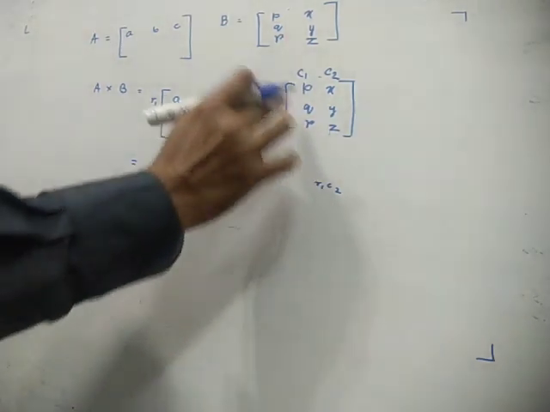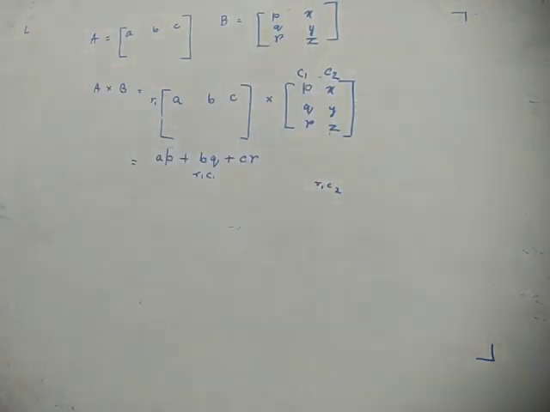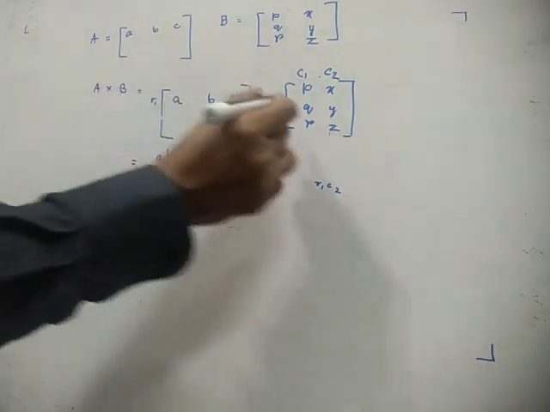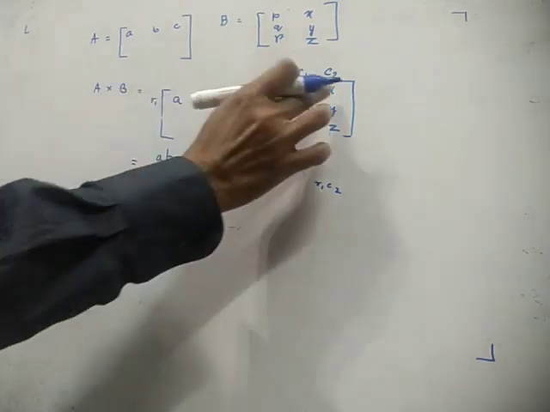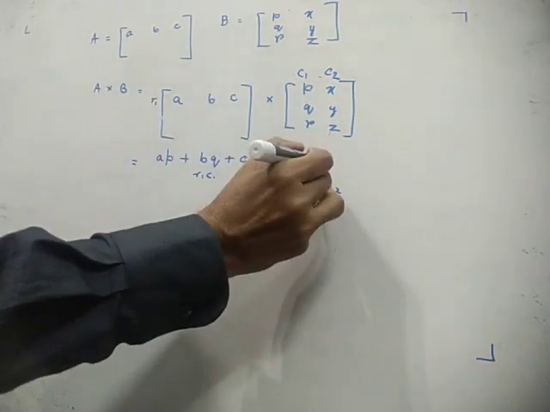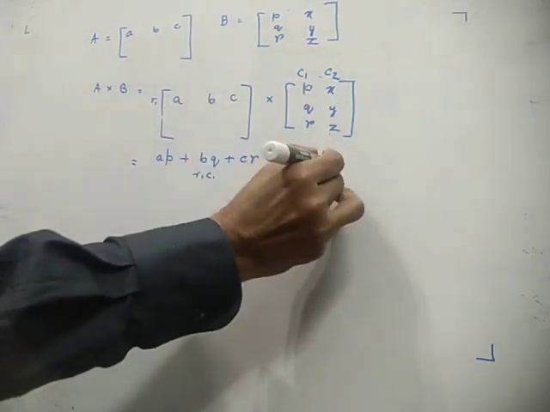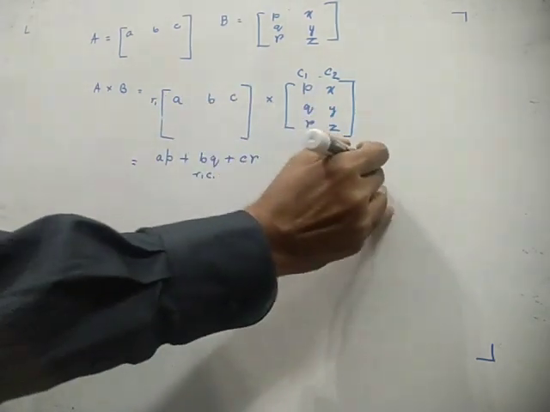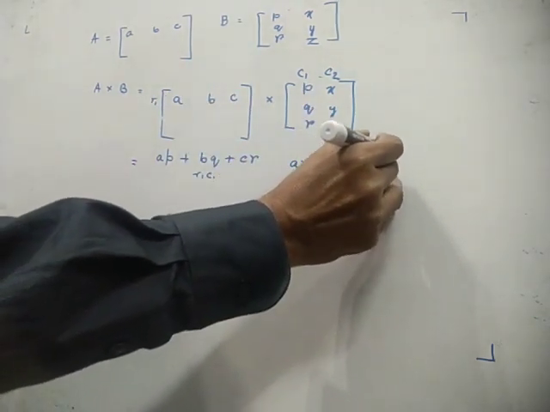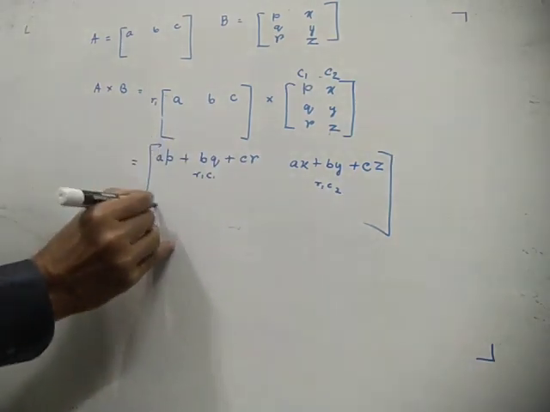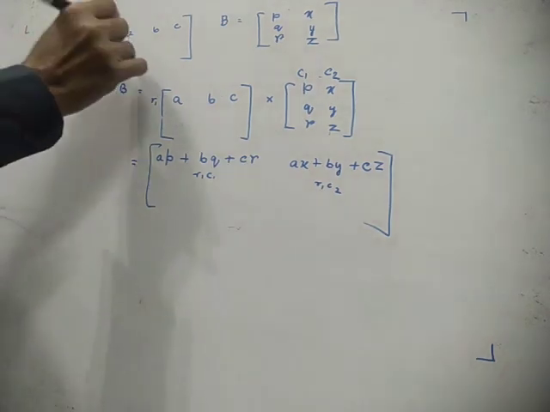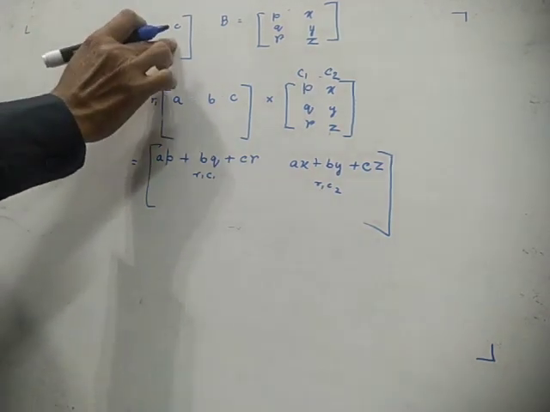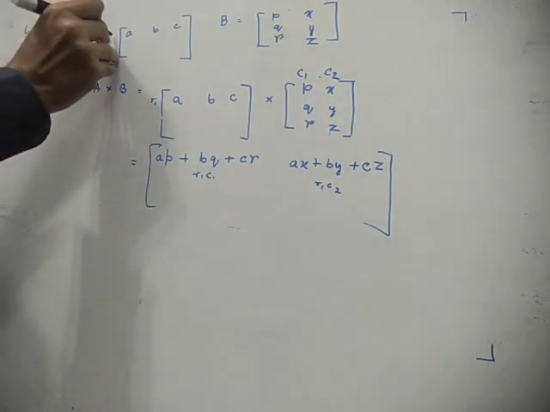R1 C1 we got already by multiplying AP plus BQ plus CR, from row 1 and column 1. Now R1 C2 we get by multiplying A into X plus B into Y plus C into Z. This way we get the second element. That means the first row of the first matrix makes the first row of the product matrix.